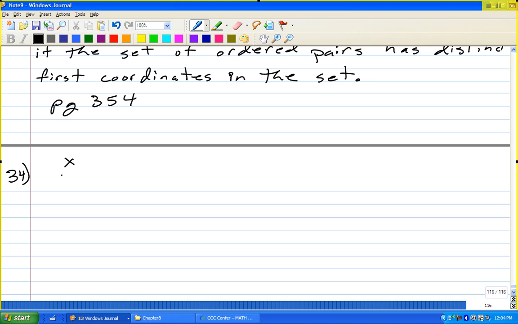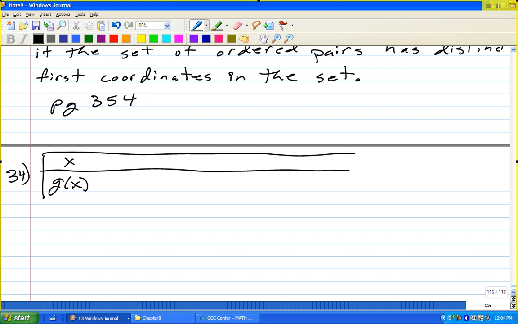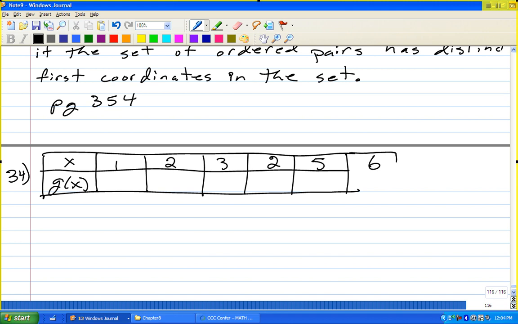So x, g of x: 1, 2; 3, 2; 5, 6; 5, 1; 2, 3; 0, 7.